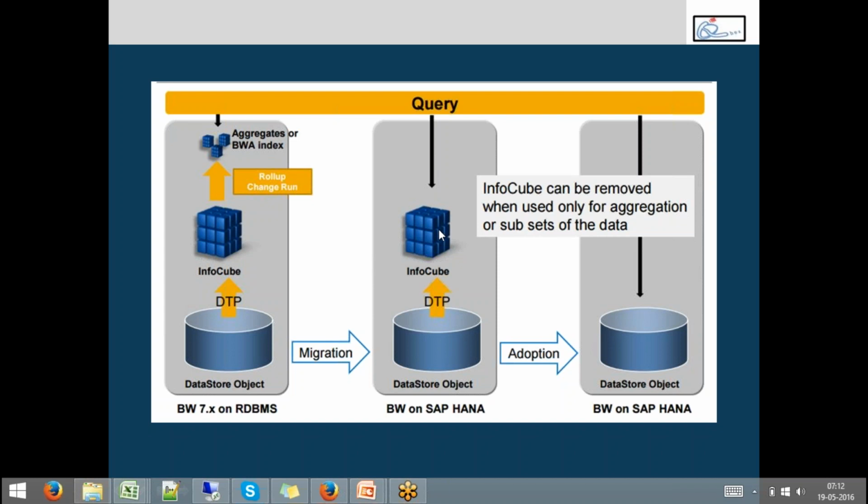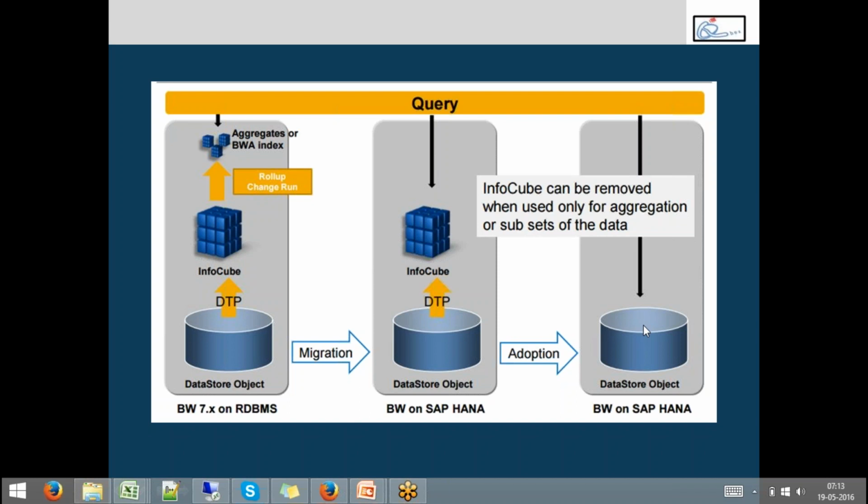Now even in this case, when you're loading from DSO to the cube, if you're not performing any transformations, if you're just using this cube only for aggregating the data, then even this cube can be eliminated, and you can straight away have your query running on the classical DSO. So the query performance on cube or DSO is no more different.